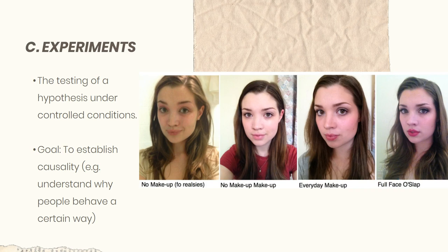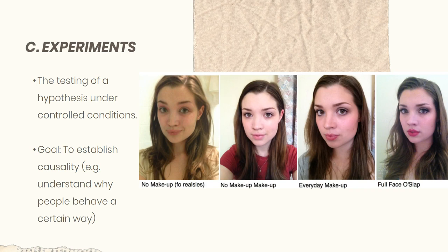So I include this image of this woman, in one case without makeup, then everyday makeup, and then a full face. Obviously the difference is the level of makeup that she is wearing, and perhaps the experiment is to see how people relate to her, based on what she's wearing, right?